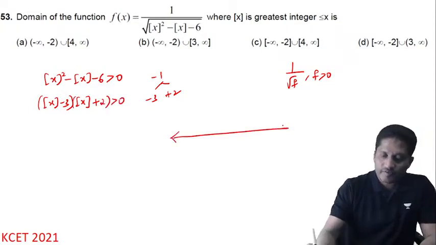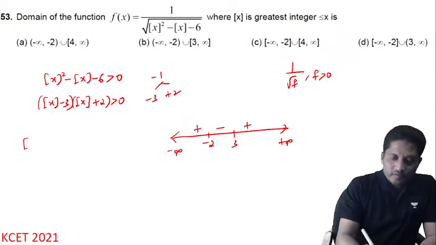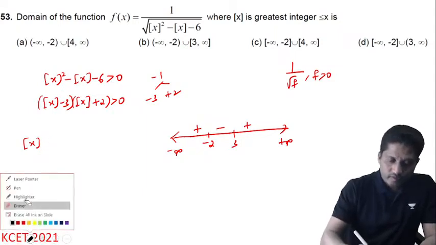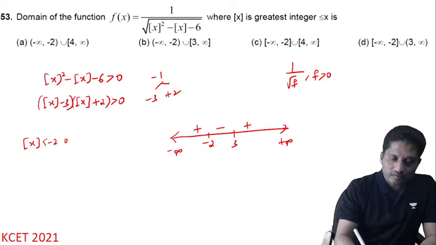If I draw the wavy curve, minus infinity to plus infinity, fix the roots in increasing order, minus 2 and plus 3, plus minus and plus. This means that box x is less than minus 2, or box x is greater than 3.